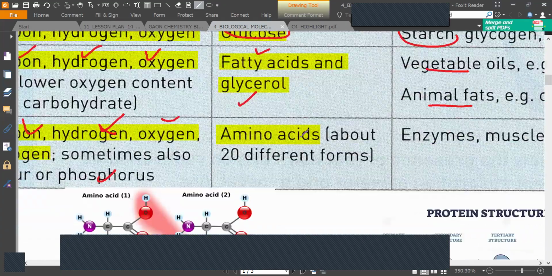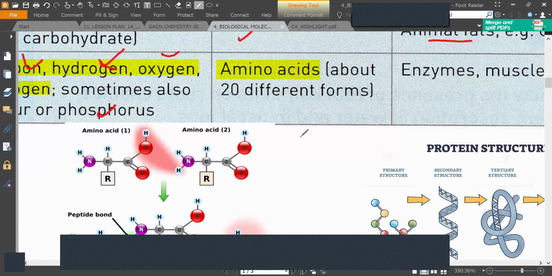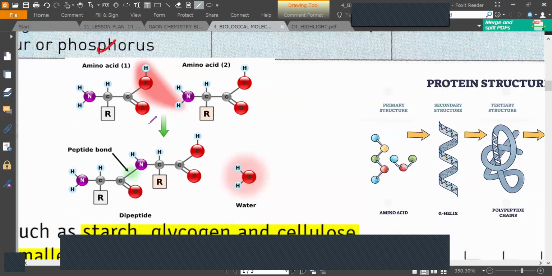Protein is made out of amino acid subunits. We have 20 different amino acid subunits for humans. An amino acid looks kind of like this.